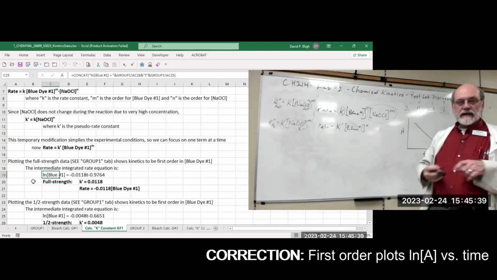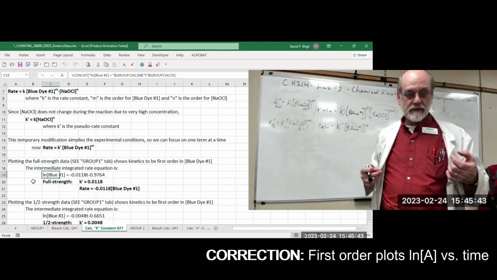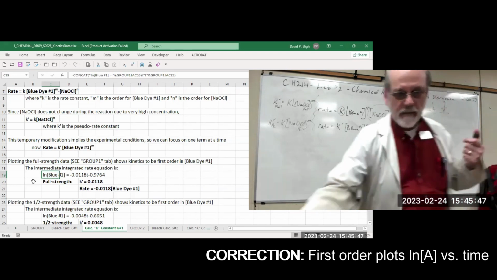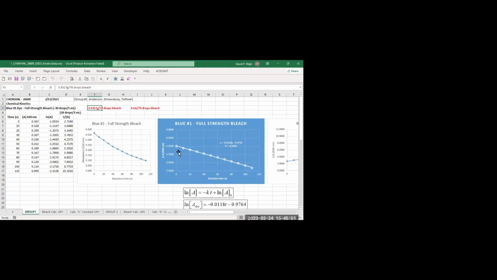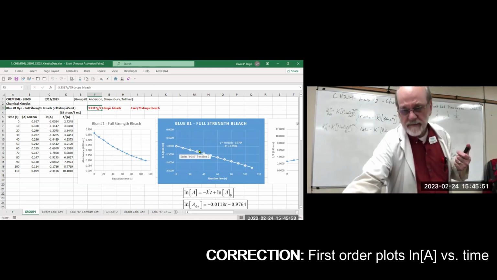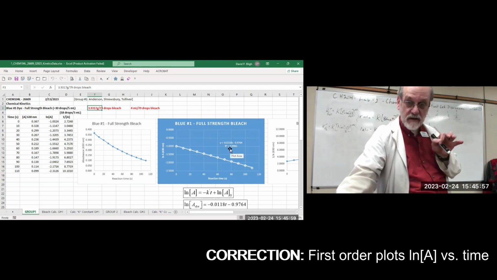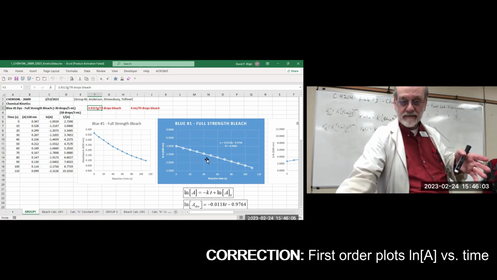Now, if you're able to plot this in Excel, this is what it would look like. You will have a trend line here, and you can tell Excel to also include on the graph the equation for that line.